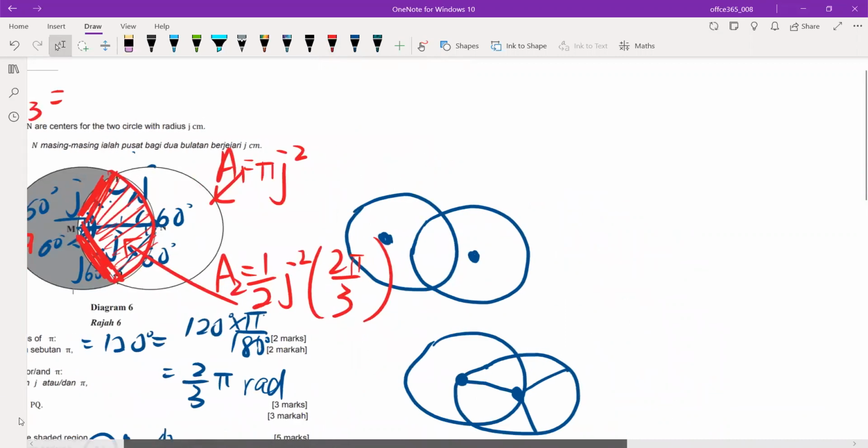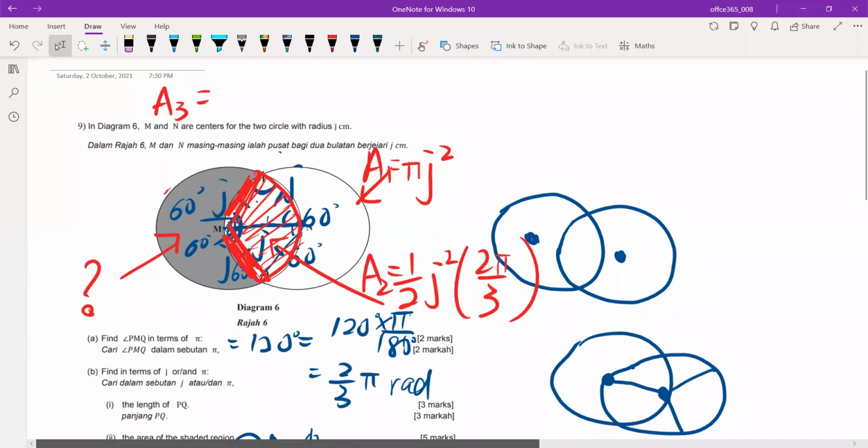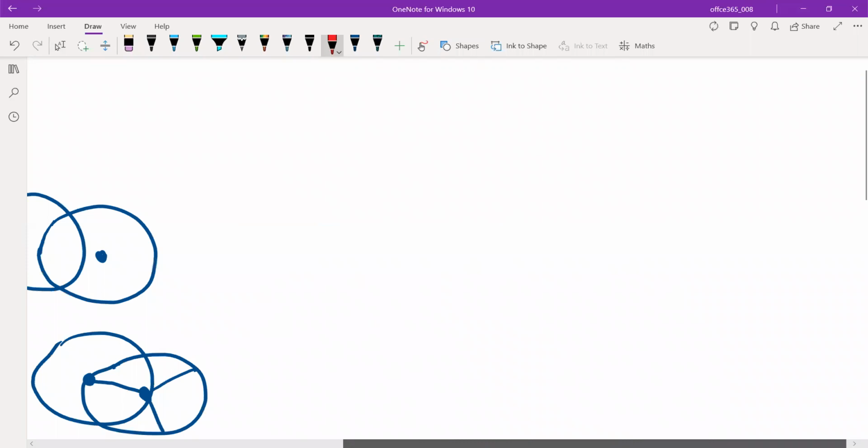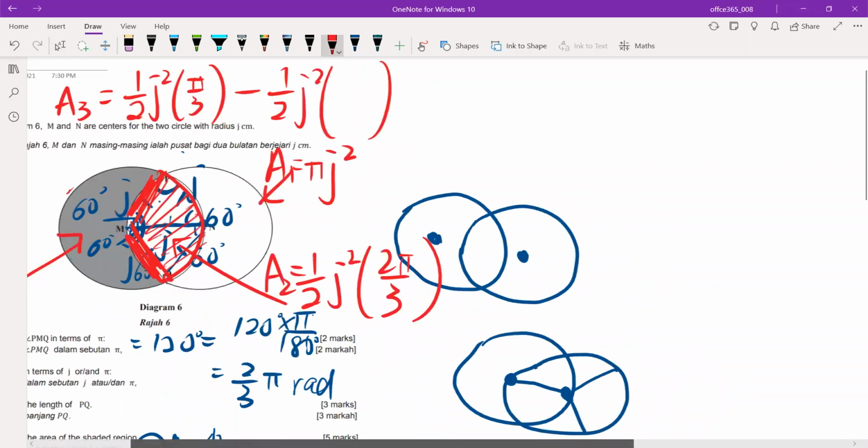How to get rid of this part inside here? Half r squared pi over 3 minus half r squared sin 3 over 2. Pi over 3 minus half r squared sin 3 over 2.